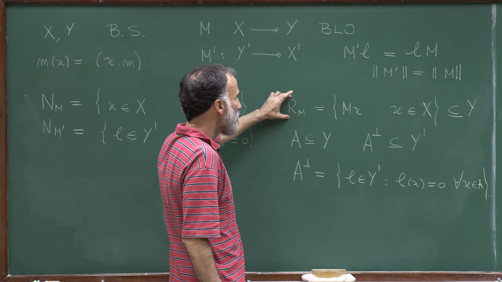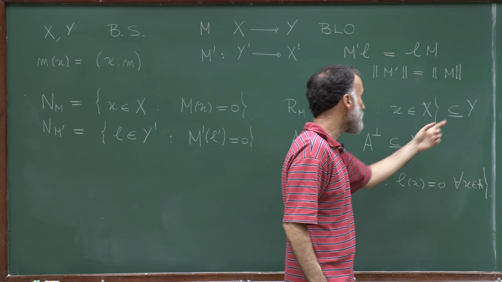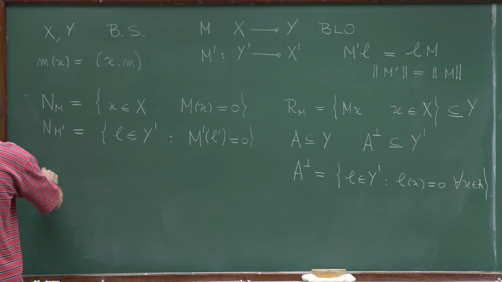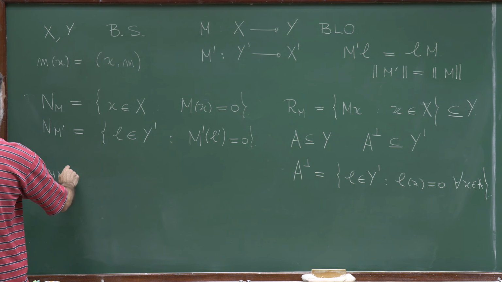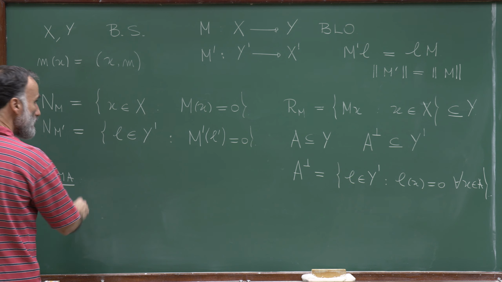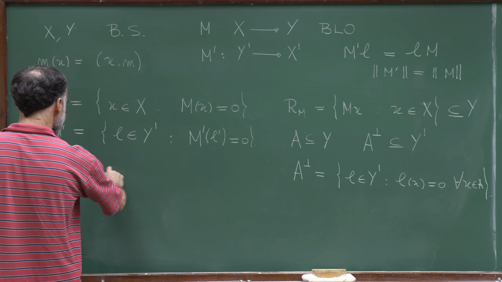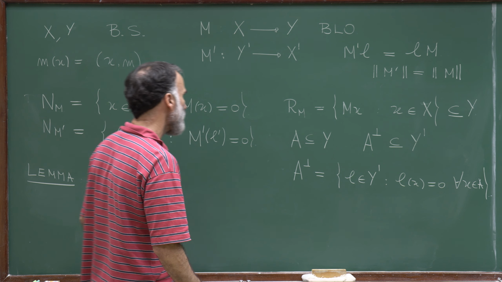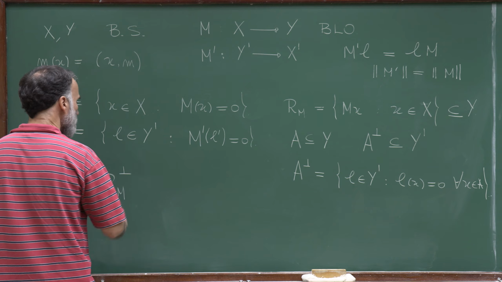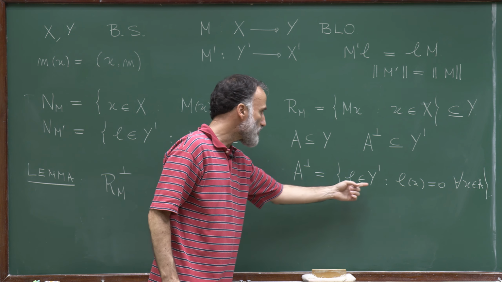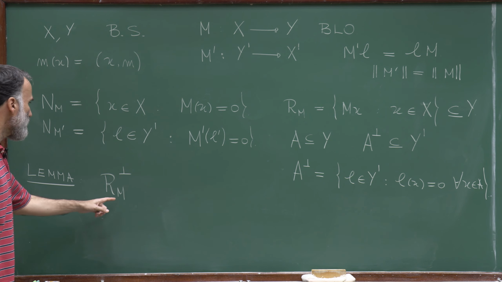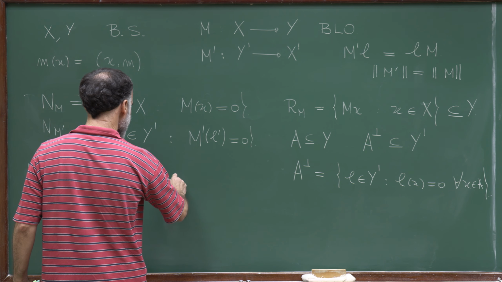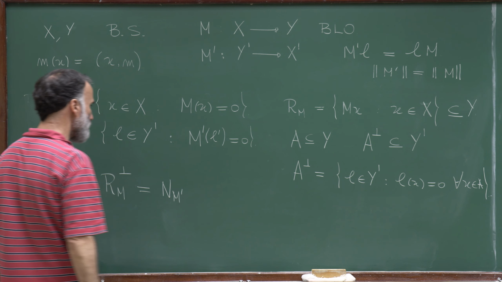So now I have here a subspace of Y, and my claim, my new lemma, what I want to prove now, is that if you take R(m), which is a linear subspace of Y, and you take R(m) perp, which is now a subspace of Y prime, this subspace of Y prime coincides with the null space of m transpose.